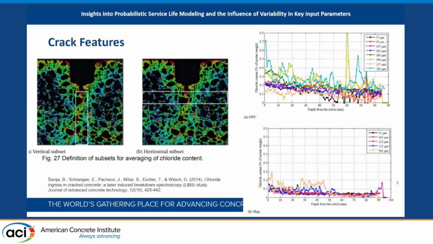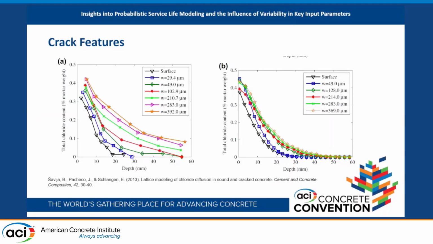There's a point where when you have a large crack, your transport properties start to be such that you can assume that there is almost no concrete cover. And that is a difficult value to determine in most cases because it depends on exposure conditions, the type of crack, etc.